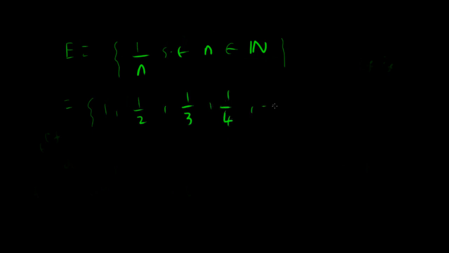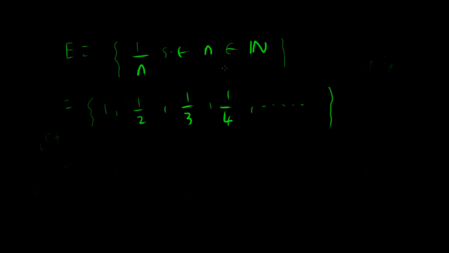Let's try one more. Okay, let's try E is equal to the set of 1 over n, such that n is in the natural numbers. Okay, so this is basically 1, a half, a third, a quarter, and so on forever.